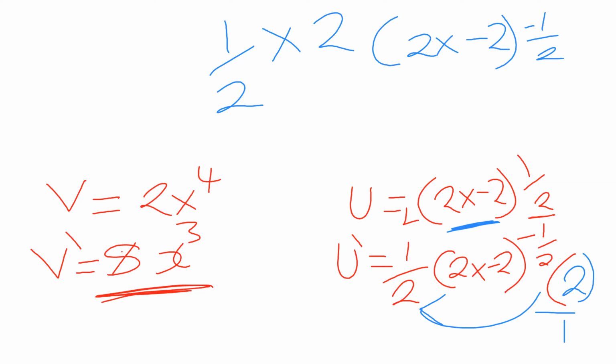Are we together? Okay. So you can multiply these two parts here simply by canceling, right? You can have 1 times 2, it will be 2 over 2 times 1, like that.